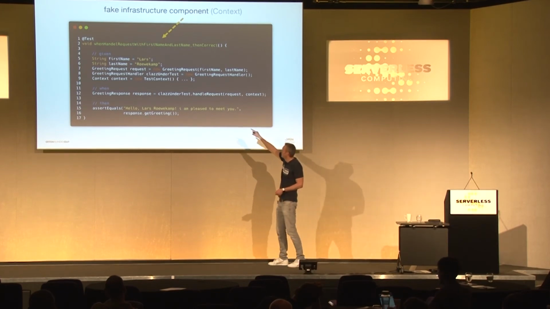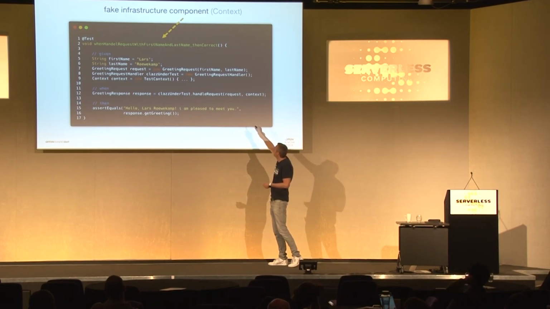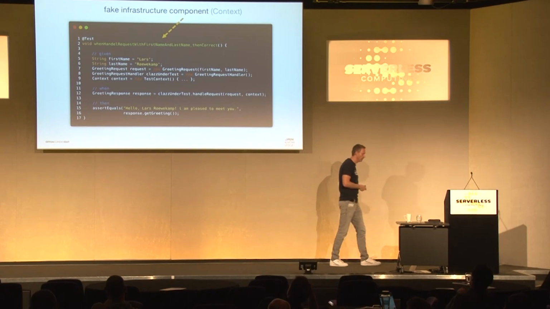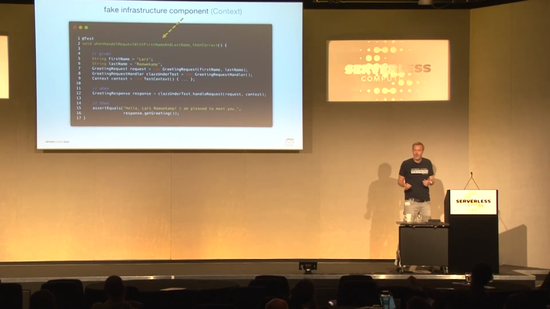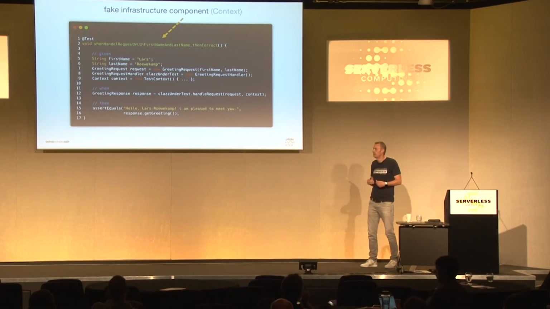Class under test handle request is calling the Lambda function, and I call this with the original request, and the context is not the AWS Lambda context but my fake context. The only thing I have to make sure is that, when it's called inside my Lambda function, it behaves like the real context.